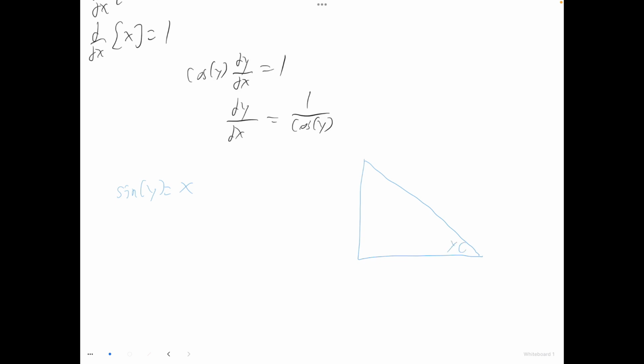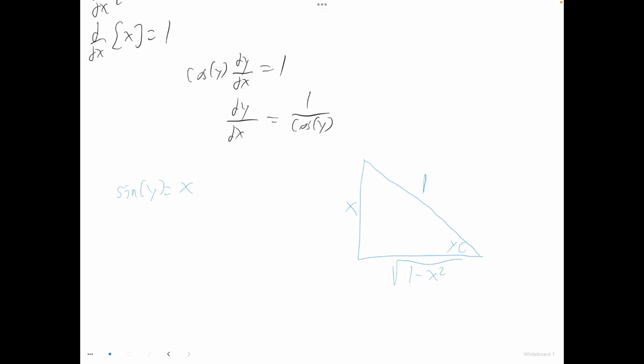And so we've got this triangle, the right triangle, with an angle of y. And now we know that sine equals opposite over hypotenuse, but that's x. So the opposite is x, and the hypotenuse is 1. Then by the Pythagorean theorem, the adjacent side is square root of 1 minus x squared. And so that gives us a right triangle.